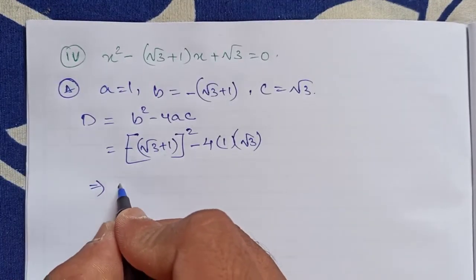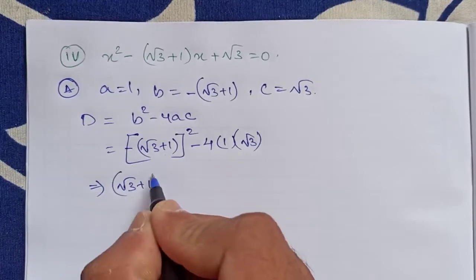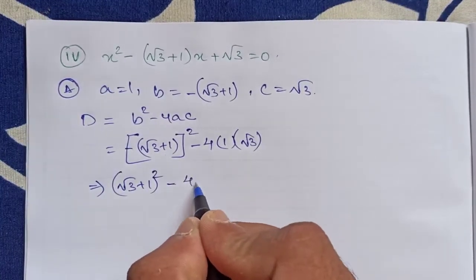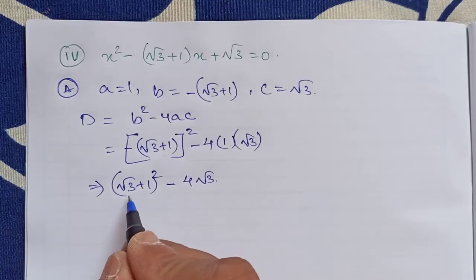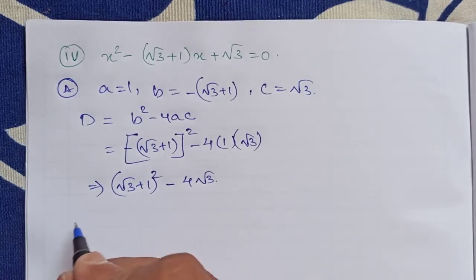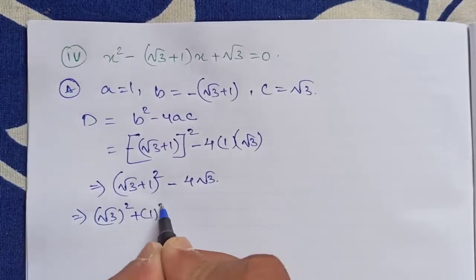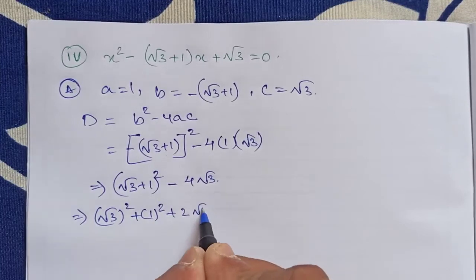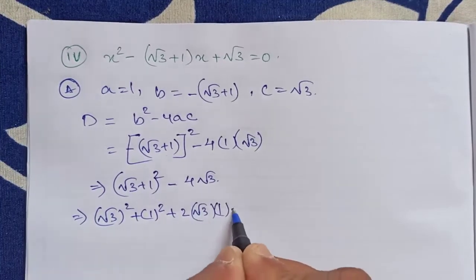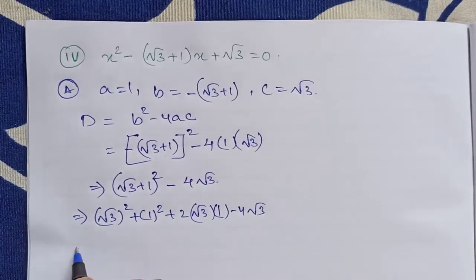Minus minus is plus, so we will get (√3 + 1)² and here we will get 4√3. Now use the (a + b)² formula, because a root term and a number cannot be added. So a² + b² + 2ab − 4√3.